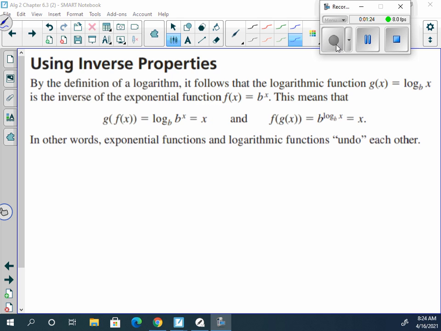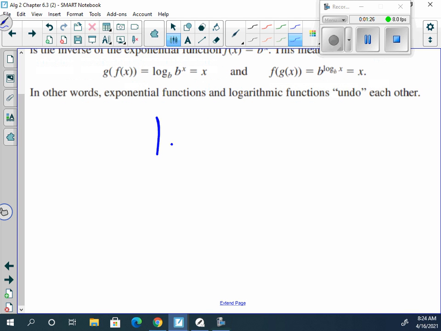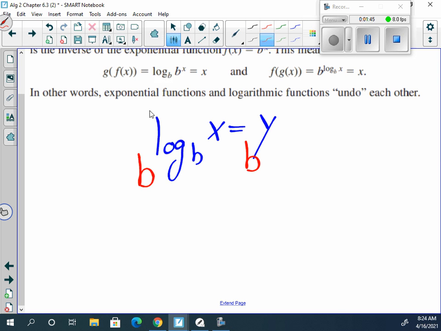So using this here, when we talked about log base b of x is equal to y, because this was our function and we switched it to exponential yesterday, yes? Well, that means if I put b to the log base b of x, well, anything we do to one side we have to do to the other. Well, b to the log base b of x, the log base b and that b would simplify out.